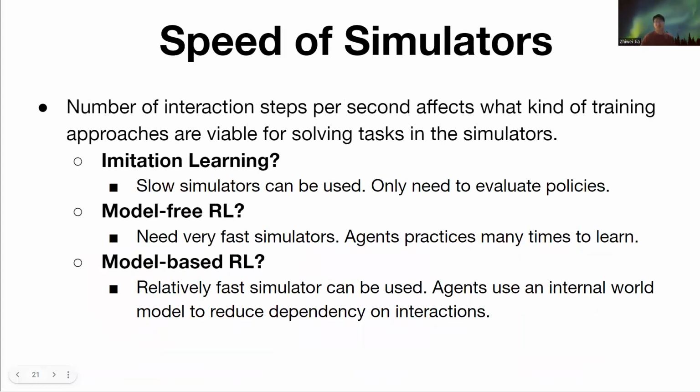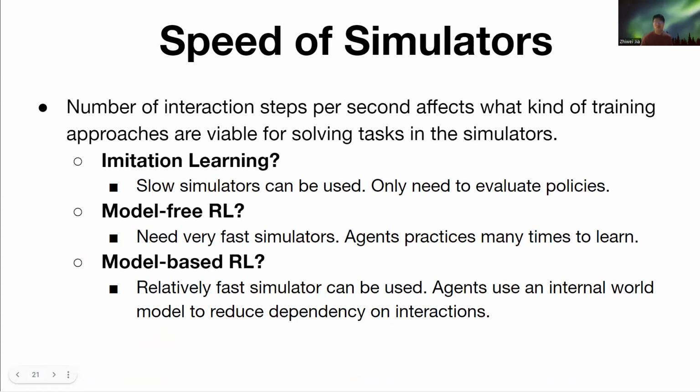Another important factor is speed, which refers to how fast the agent can interact with a simulated environment. This is quite important because it can affect what kind of training approaches are viable for the simulators. For example, you can do imitation learning with very slow simulators because it does not require a lot of interactions.